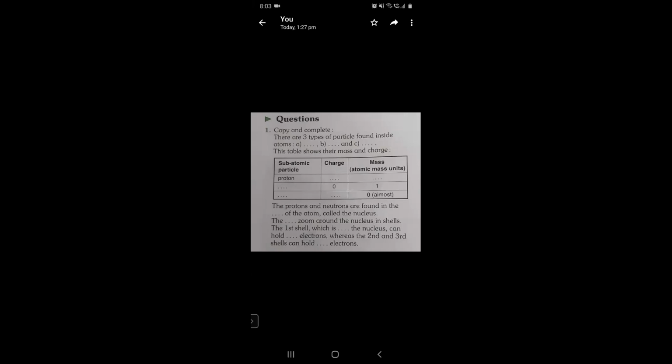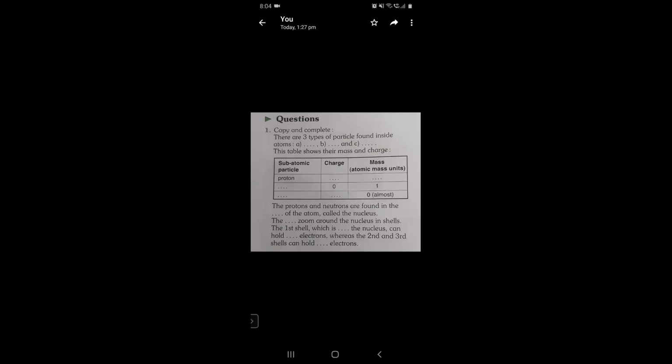Because there is no charge in between. After it there is an electron which has 1 minus charge. And then how did we decide that the last blank in the subatomic particle column is an electron? Because it has 1 minus and the first one was 1 plus. Right, because between 1 minus and plus there is a 0.